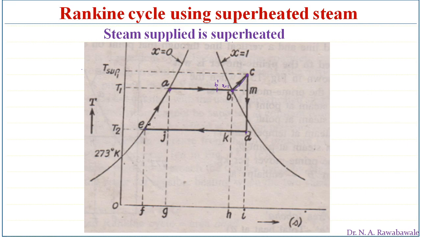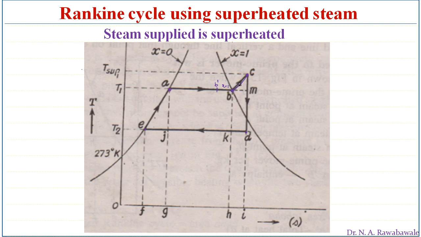From E to A, condensate is sensibly heated to raise its temperature to saturation, and from A to B the saturated water is evaporated into dry saturated steam.